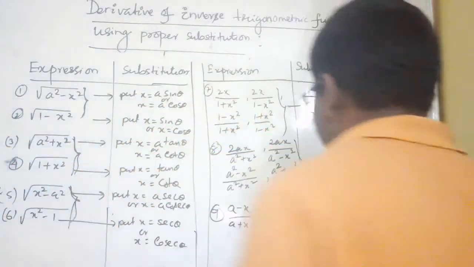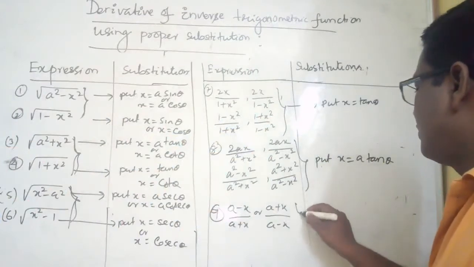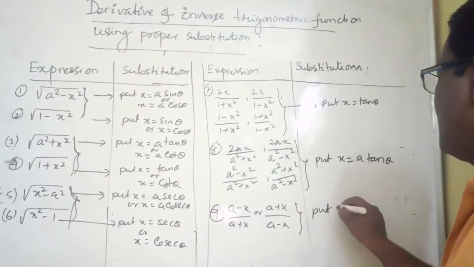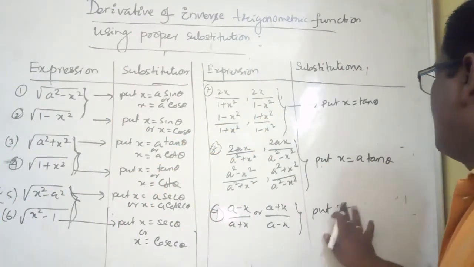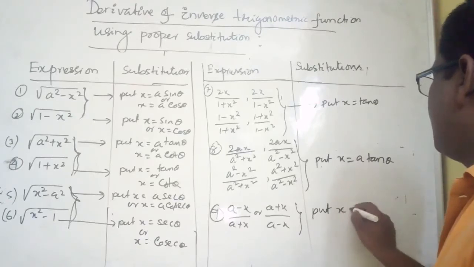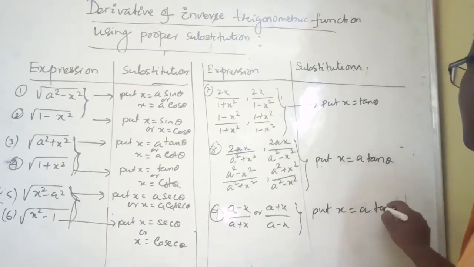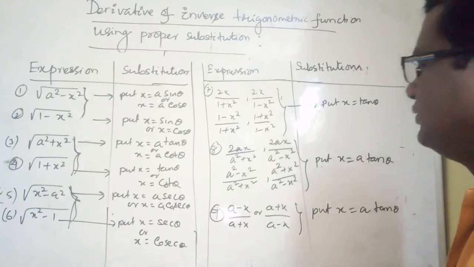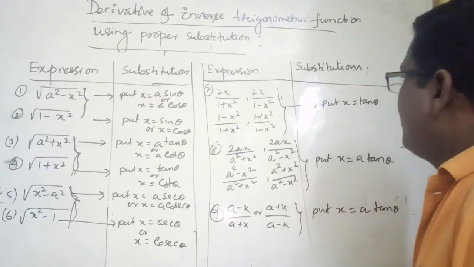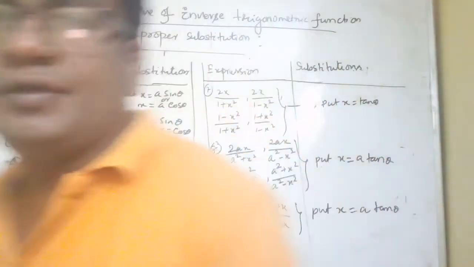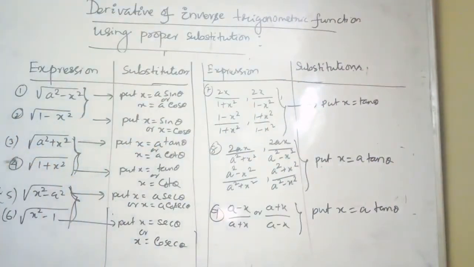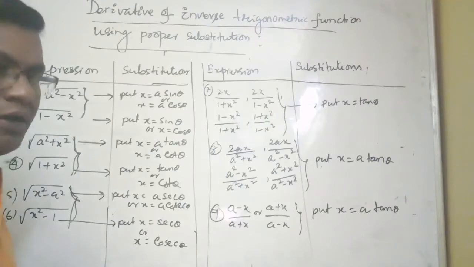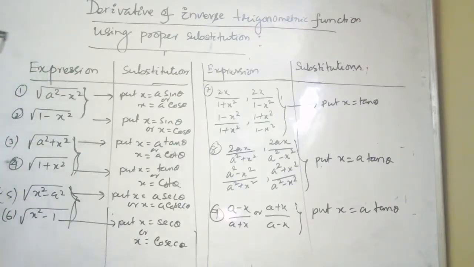Put x is equal to a tan theta. Now another, okay, these are the substitutions. Some other substitutions I will write after omitting this.